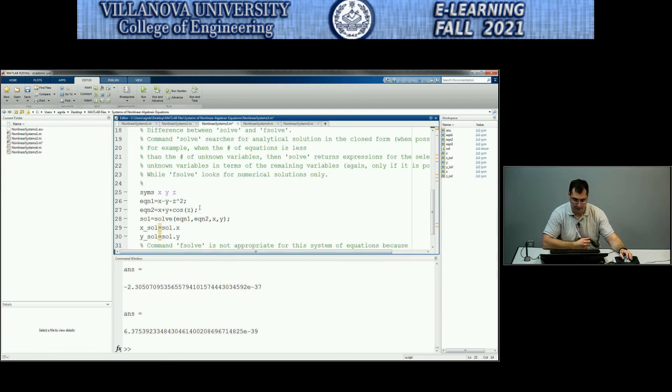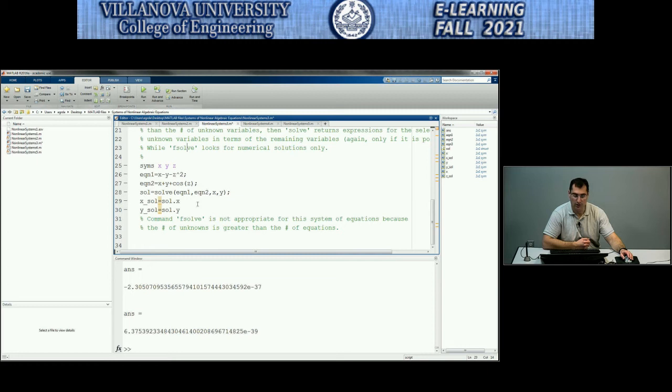So for example, let's say I have 2 equations but 3 unknowns. So one unknown could be a free term. The solution to this could be expressed in terms of that free term. So I have these 2 equations, and again they depend on x, y, and z, and I would like to solve these 2 equations with x and y being my unknown variables.